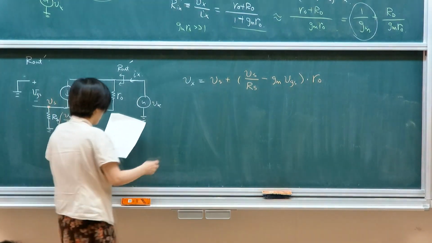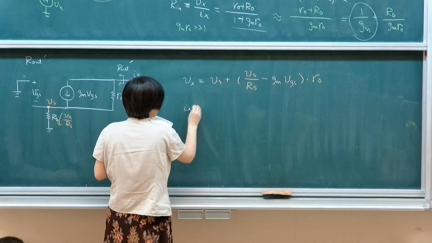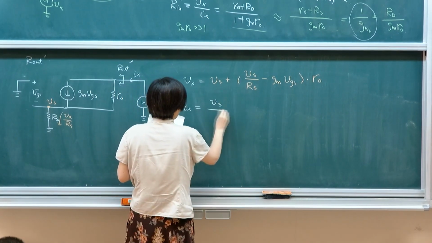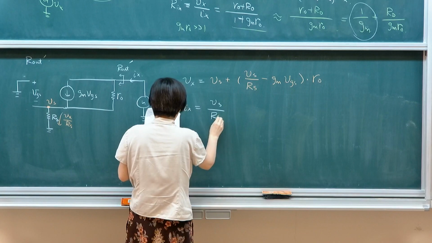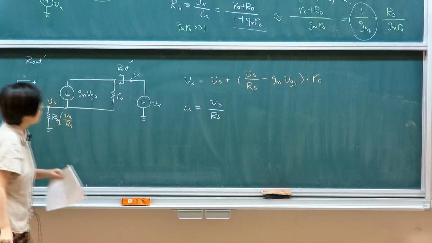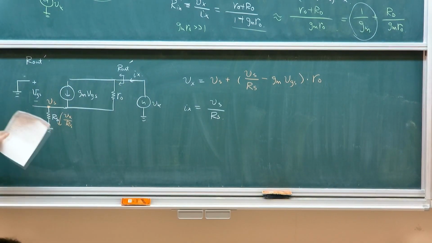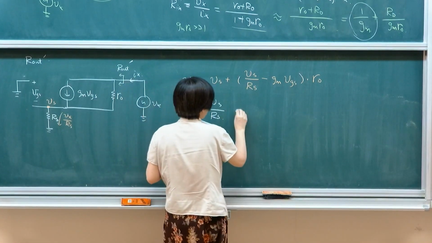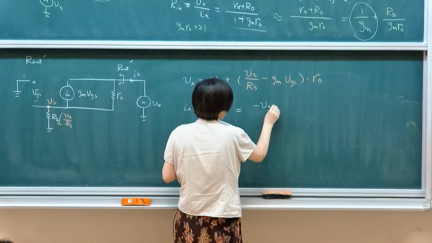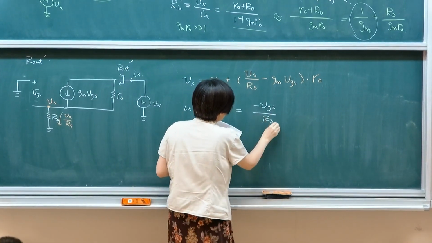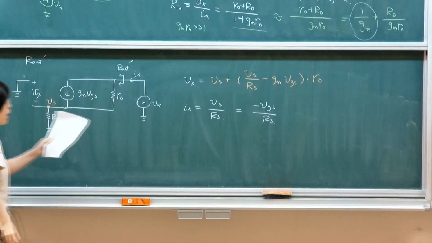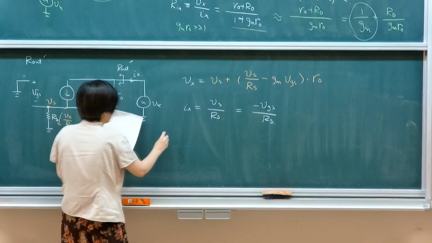And Ix will then be Vs over Rs, and we know that Vs is minus VGS. In this equivalent circuit, simply put it back into the equation.